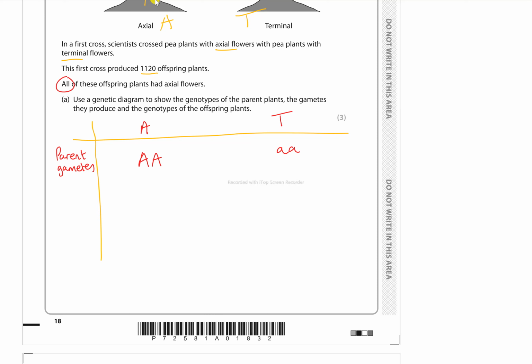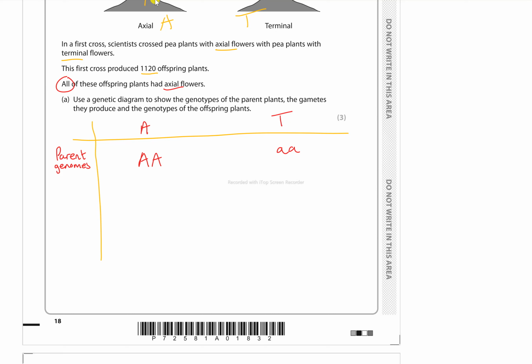Remember all these were axial. Parents' genomes or genes.